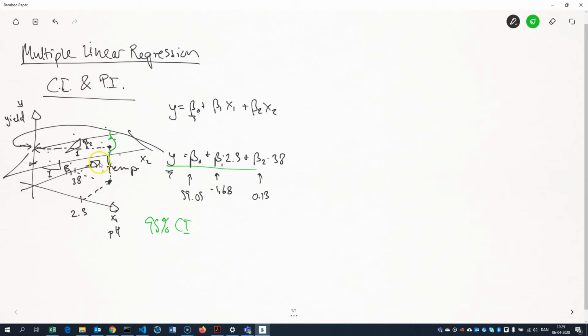So acknowledging that this plane is not the absolute truth, we do a 95% confidence interval of that mean response that we would expect according to the model.